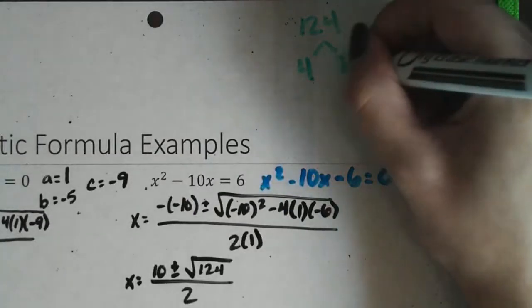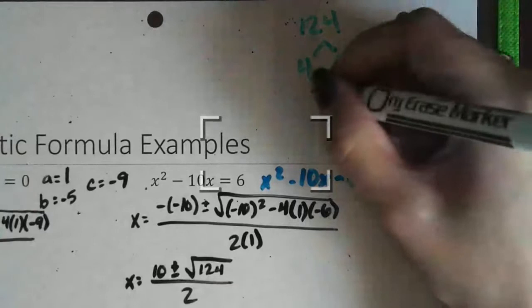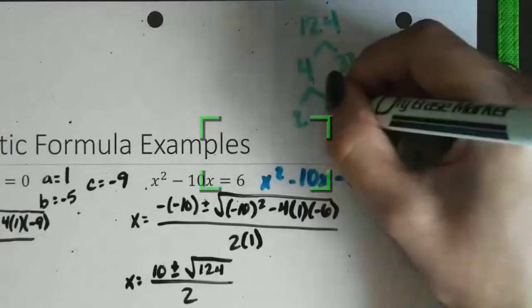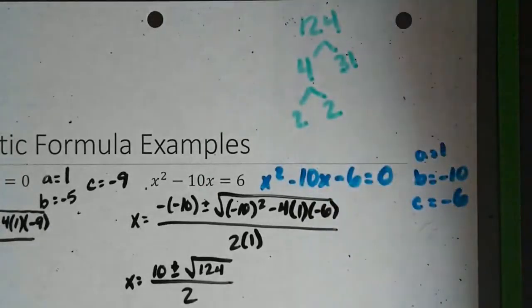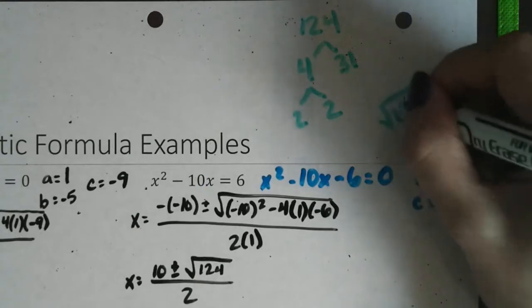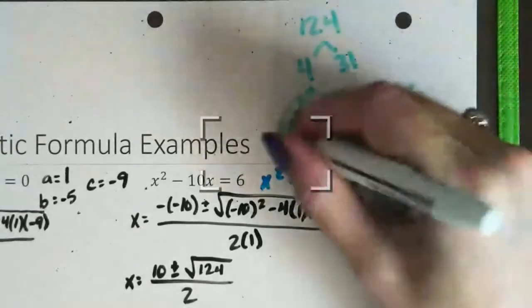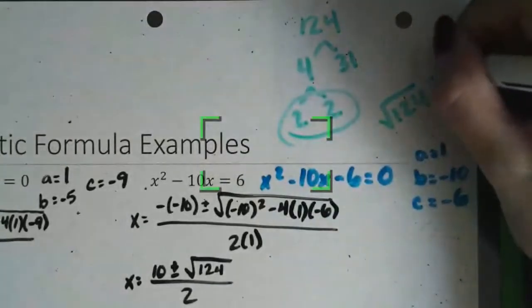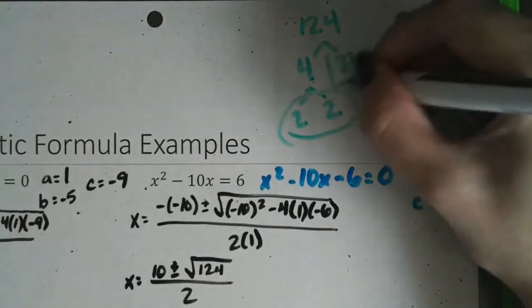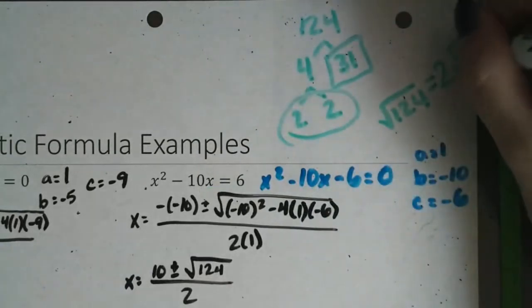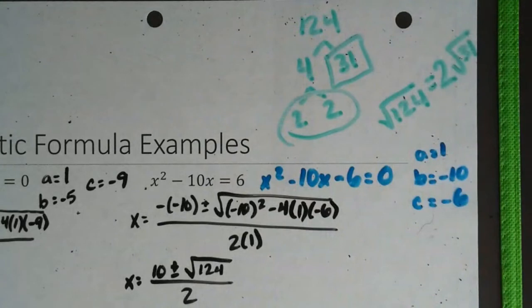It's 4 times 31. 31 is prime, but 4 is 2 times 2. So if I'm looking at the square root of 124, I have a pair of 2's, so I can pull out a 2, and that's going to leave my prime number 31 under the radical. So the square root of 124 can be simplified into 2 times the square root of 31.